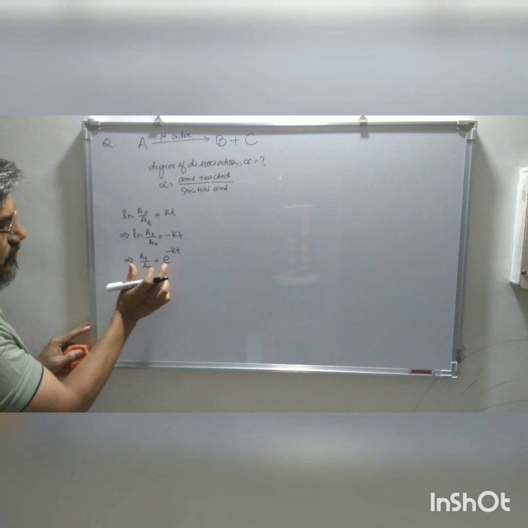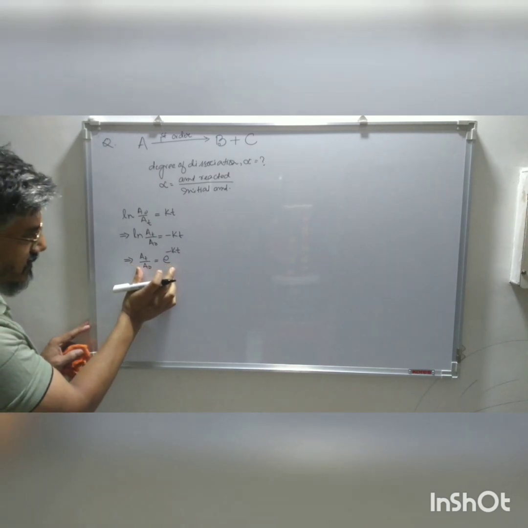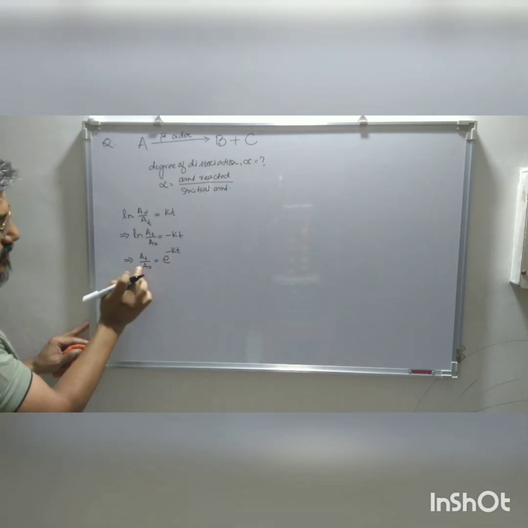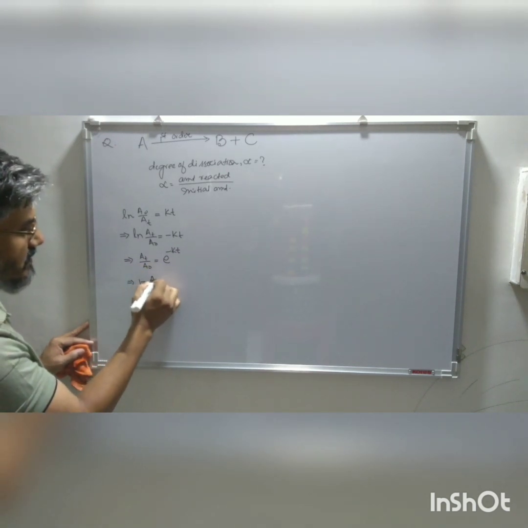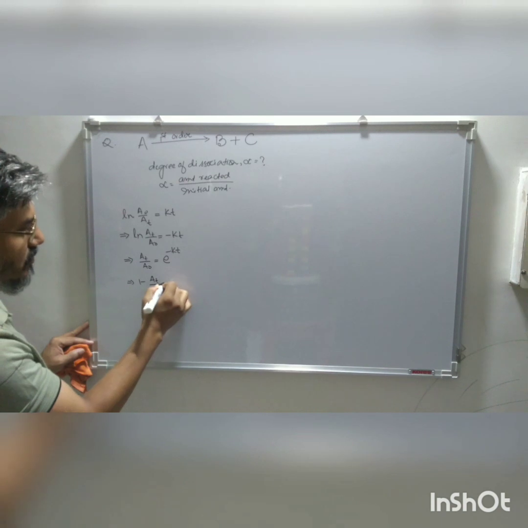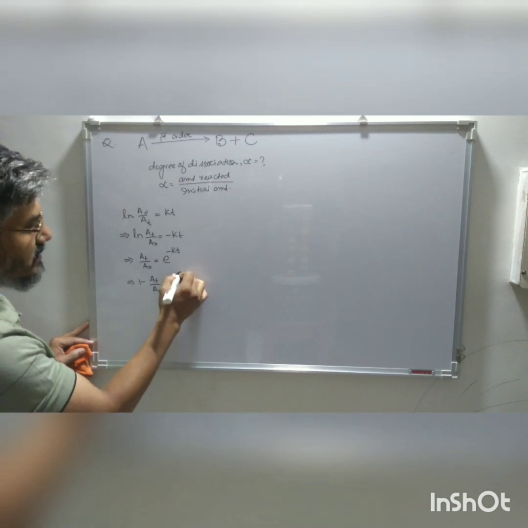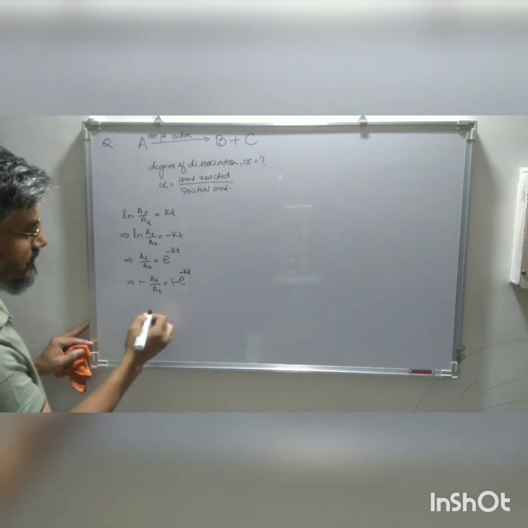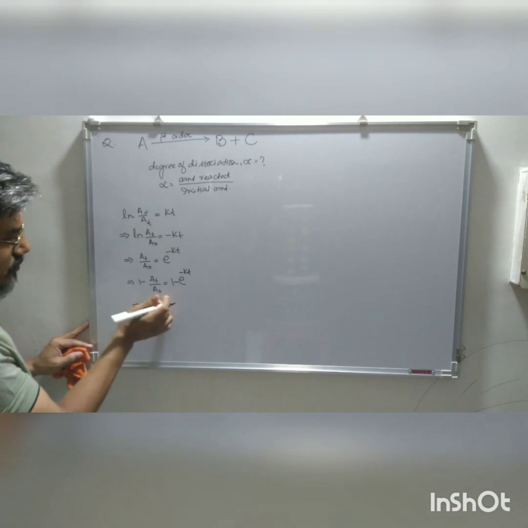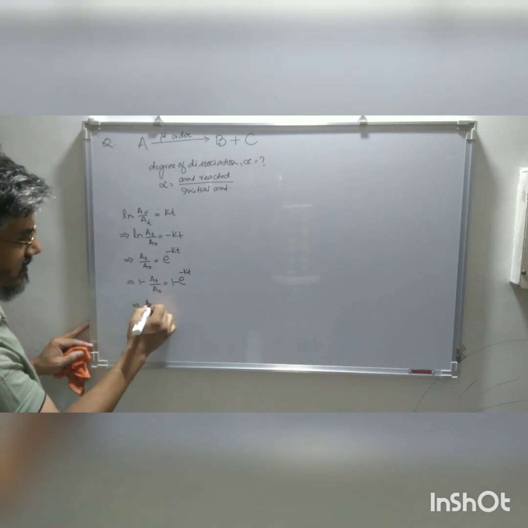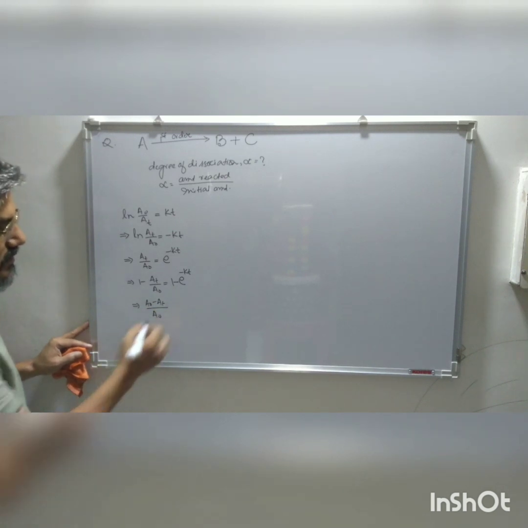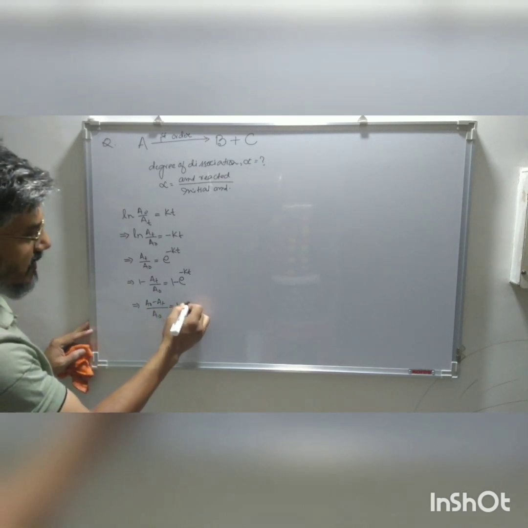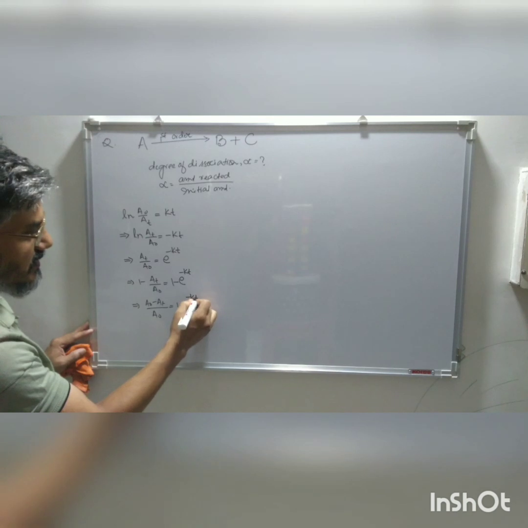Now we'll subtract this equation from 1. That means both the left side and the right side should be subtracted from 1. So we get 1 minus A_t by A naught is equal to 1 minus e raised to the power minus Kt. So 1 minus A_t by A naught, that is A naught minus A_t divided by A naught, is equal to 1 minus exponential minus Kt.